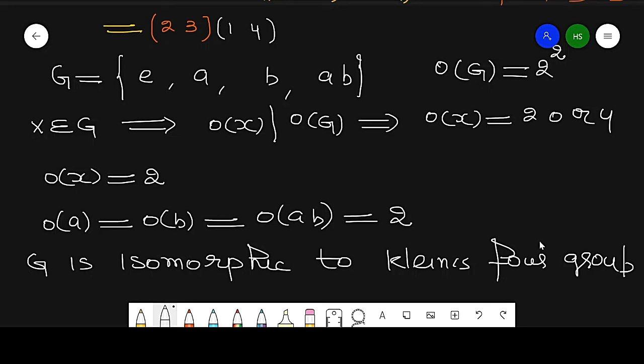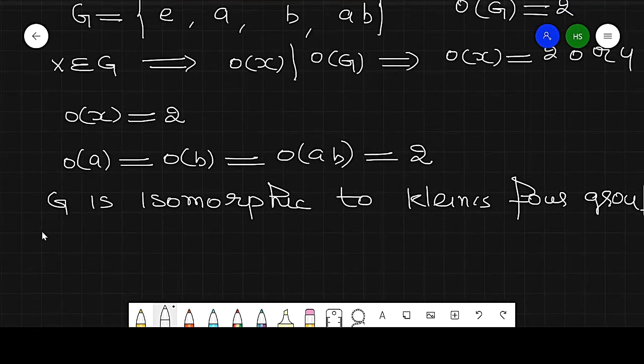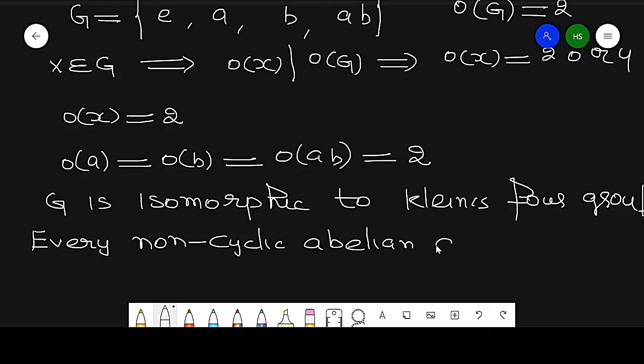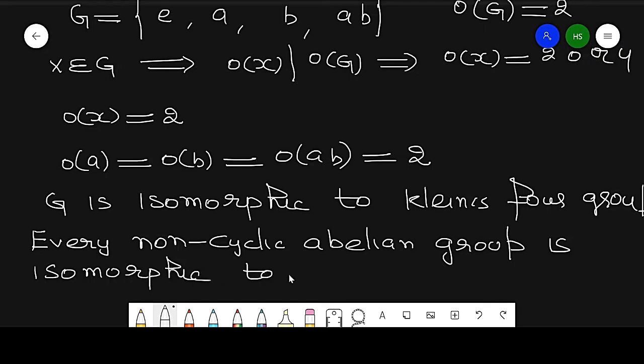Hence every non-cyclic abelian group of order 4 is isomorphic to the Klein 4 group.